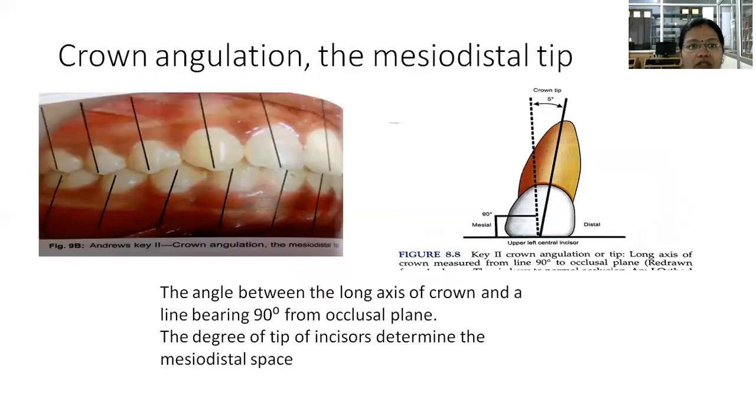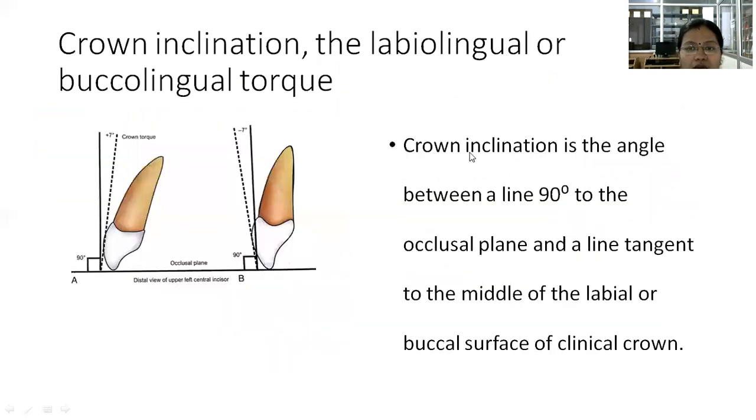Just revising again: key 2 is crown angulation, that is the mesiodistal tip, how the long axis of your crown is tipped when compared to the perpendicular. Key 3 is the crown inclination, the labiolingual or buccolingual torque, whether it is forwardly inclined or backwardly inclined, proclined or retroclined.